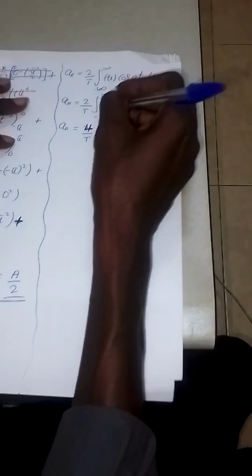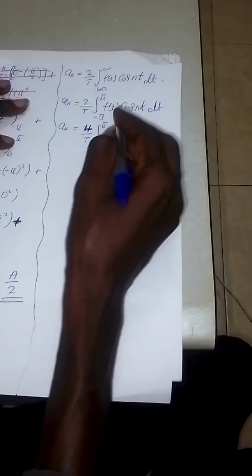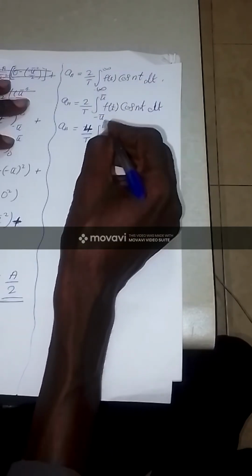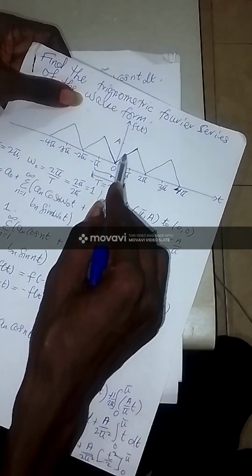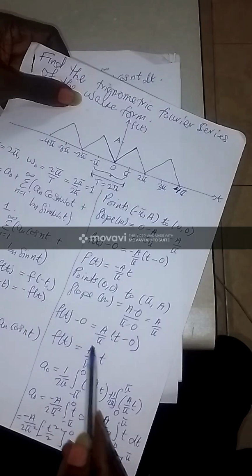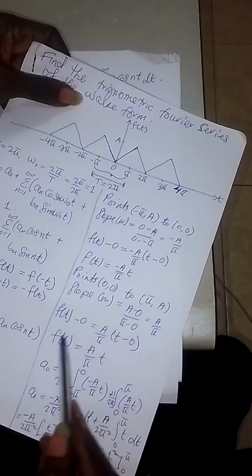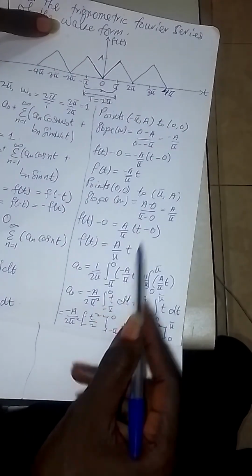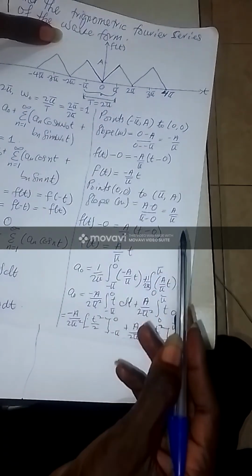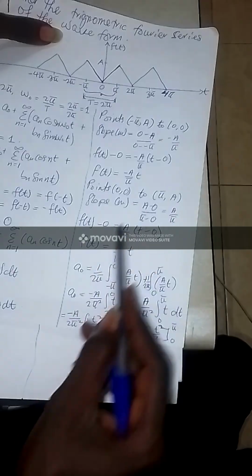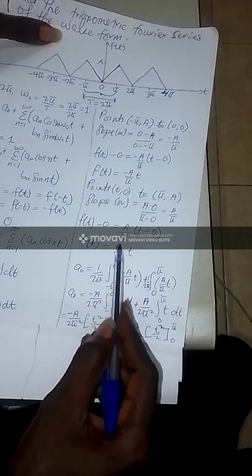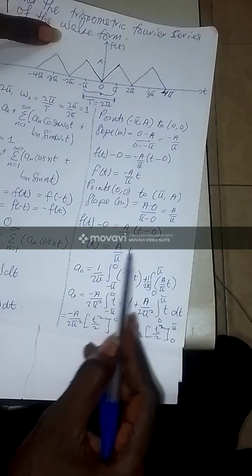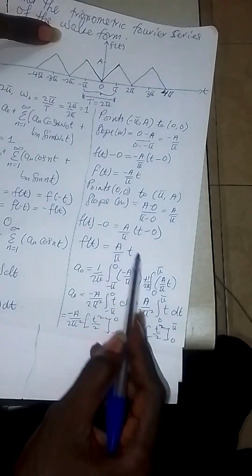Now, if I am using 0 to pi, that means I can use only one equation, which is A over pi into t. If you check 0 to pi, our equation was A over pi into t.